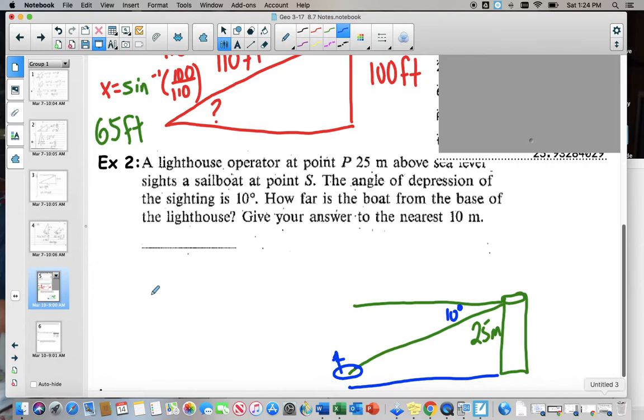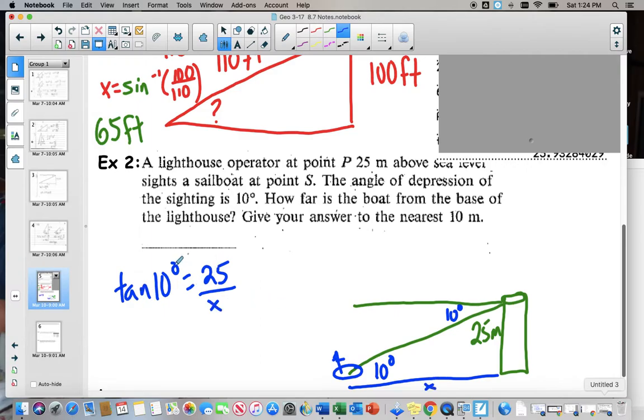Okay, so again, we'll set this up. If this is 10, that means this is 10. Parallel lines implies alternate interior angles are congruent. So then we go with the tangent of 10 degrees equals 25 opposite over x.